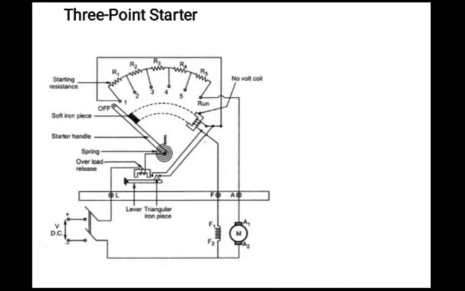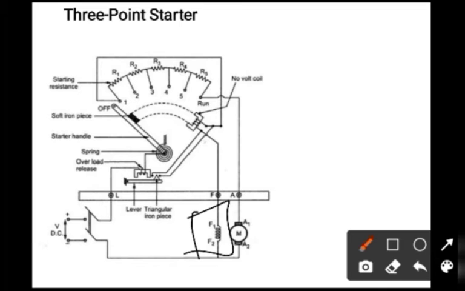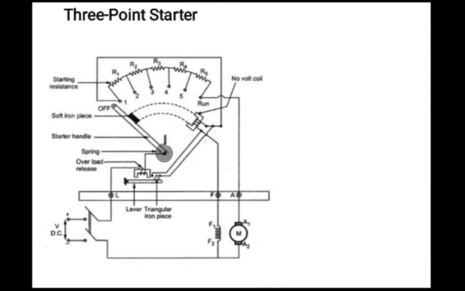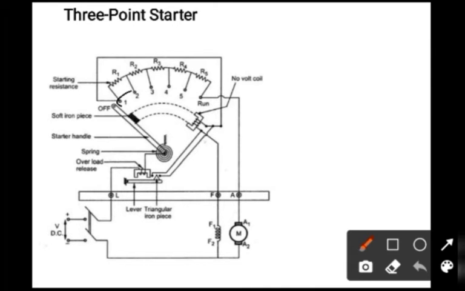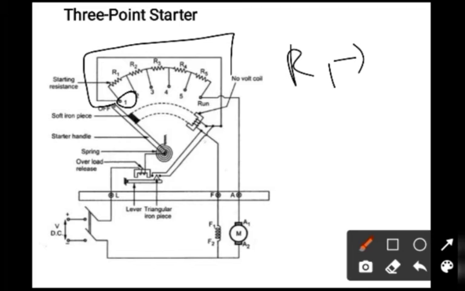Now we will see the current path in the field circuit. The field winding is connected to the NVC coil; one end of the coil is connected to stud number 1 and the other end of the NVC coil is connected to the field winding. So when the handle is at position number 1, the current path will be through R1, then it comes to the NVC coil and flows through the field winding.